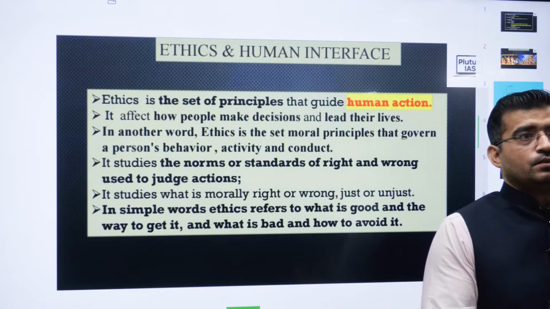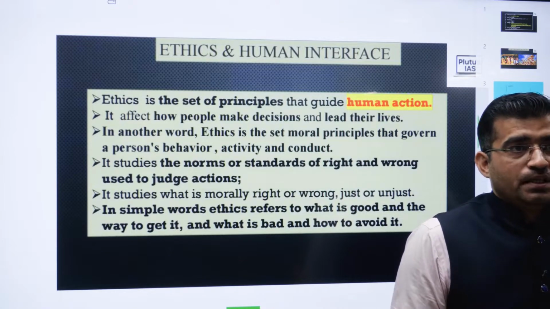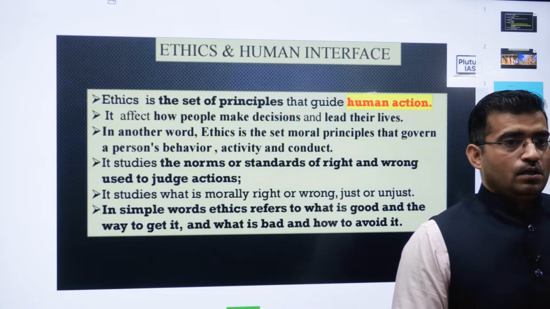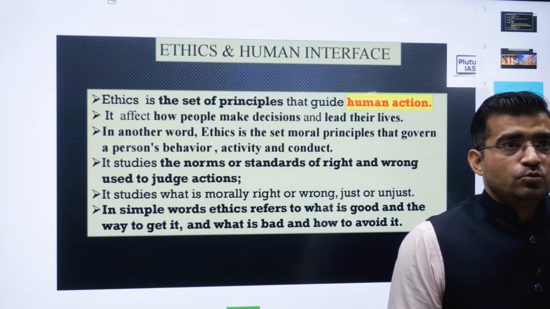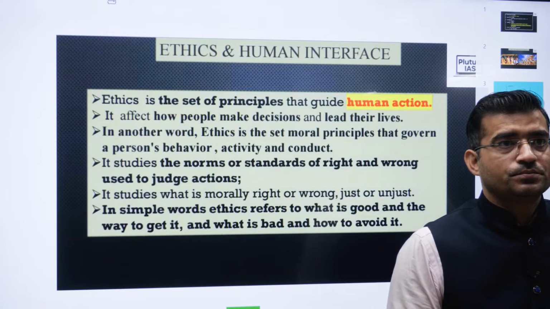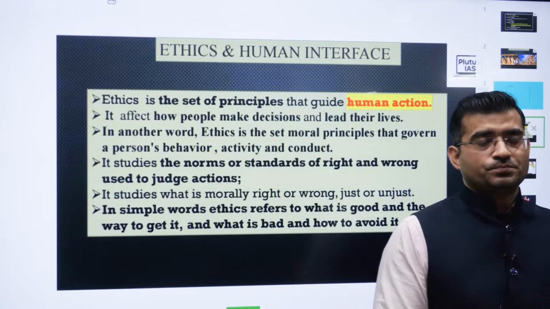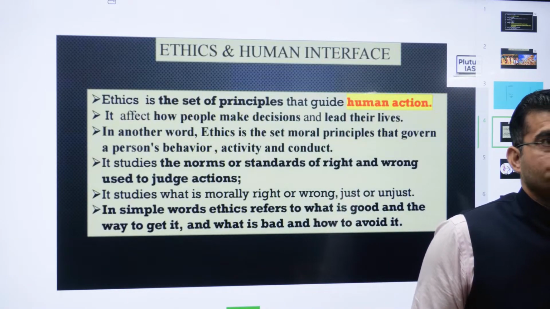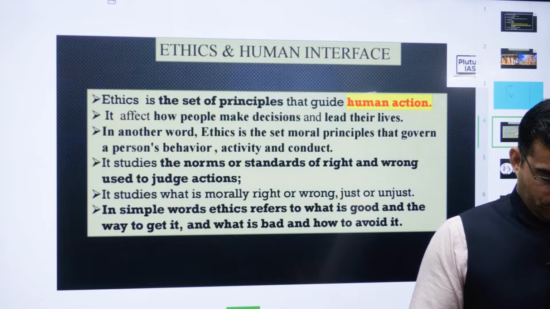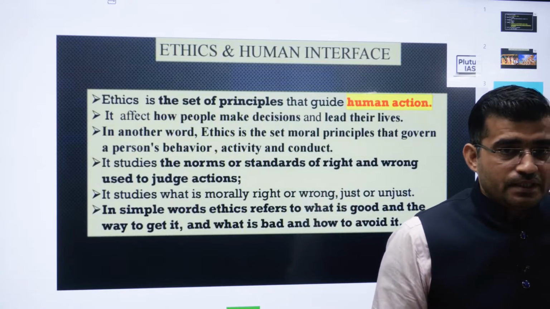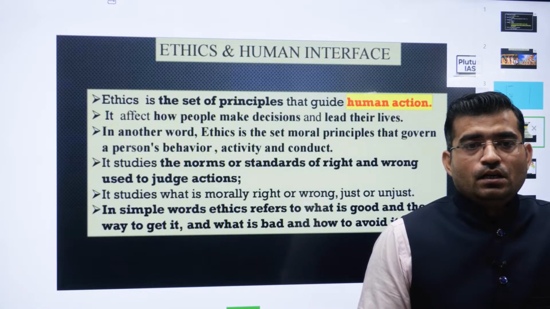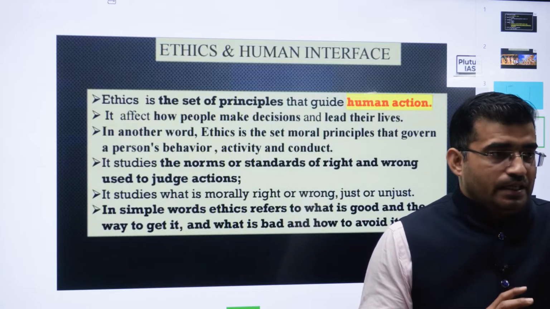Ethics is a set of moral principles that guide human action in reference to their rightfulness.